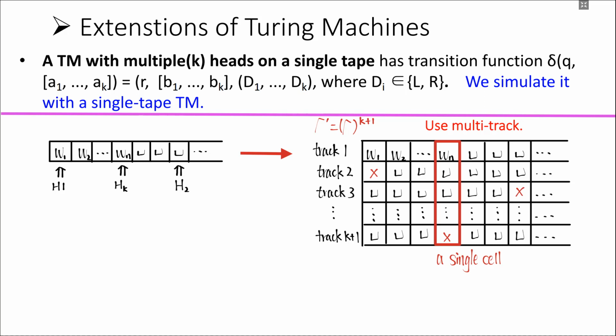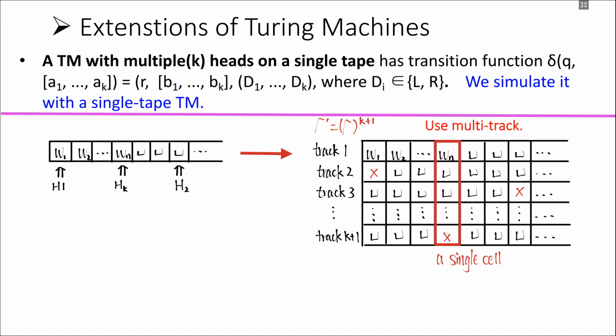So it will replace this a1 with the symbol b1 and move this X to the direction d1. When I say move X to d1, the meaning of that is replace this X with a blank symbol and replace the adjacent blank symbol with X according to the direction d1. All the other tracks function in the same way.